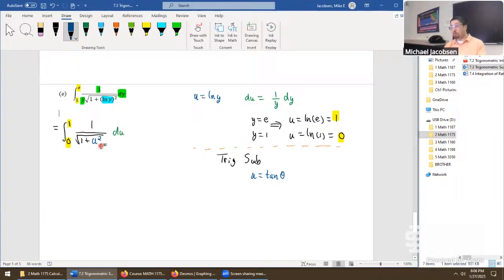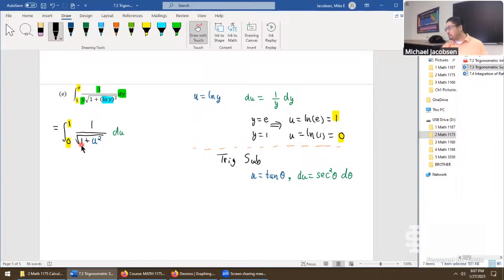Usually this is an x, so we write x as tangent theta. Next thing we calculate is du. This is already right here, but we go right here to recalculate it and find a new expression. So with u equals tangent theta, it turns into du is secant squared theta d theta.